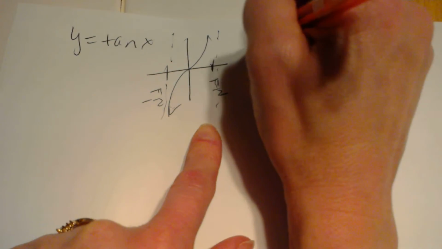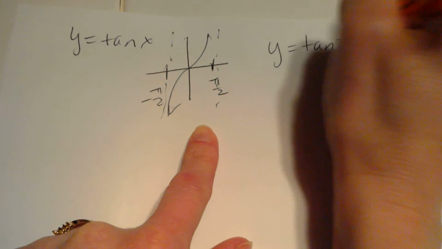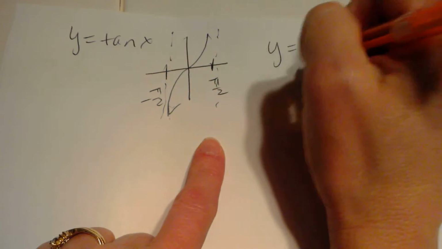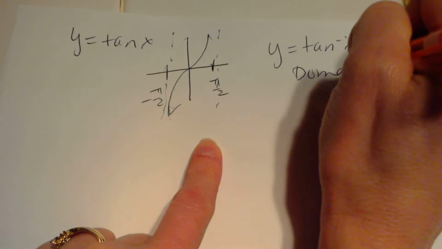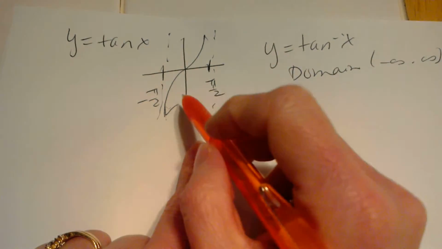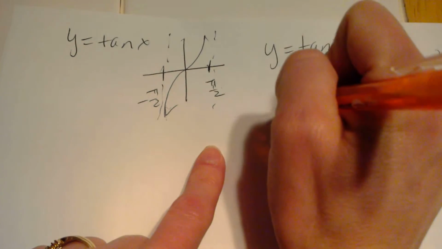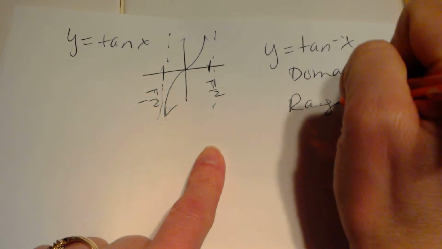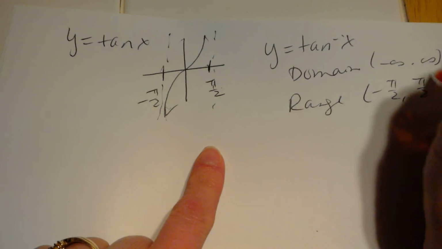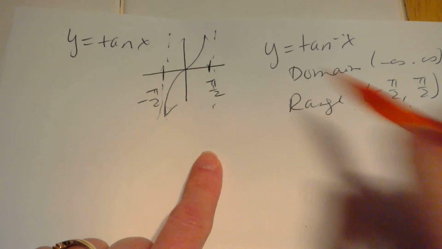So let's look at my inverse tangent. My domain here is all real numbers. Now, I'm restricting the original from negative pi over 2 to pi over 2. So my range here is from negative pi over 2 to pi over 2. Now, make sure you put parentheses because you cannot actually equal those.